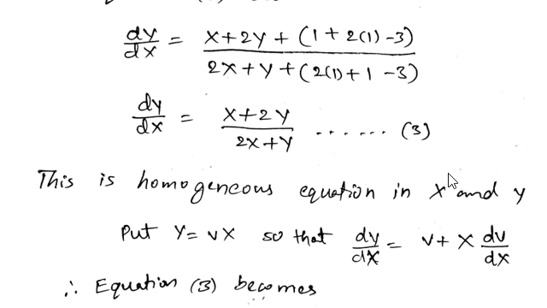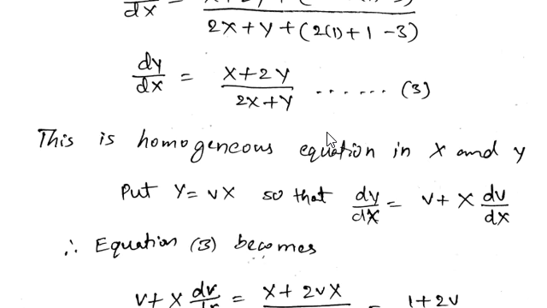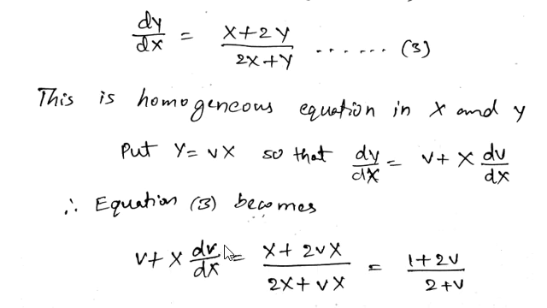Once again, equation number 3 becomes: in the place of dY by dX we write this one, and in the place of capital Y we write V capital X. So it is V plus X dV by dX is equal to (X plus 2VX) by (2X plus VX), in the place of Y we are writing VX.